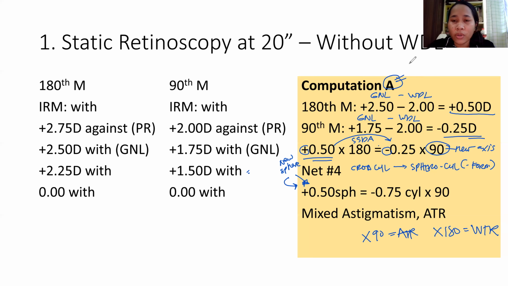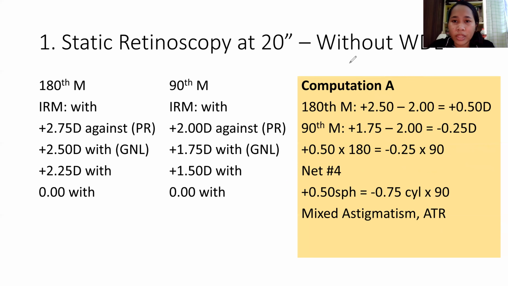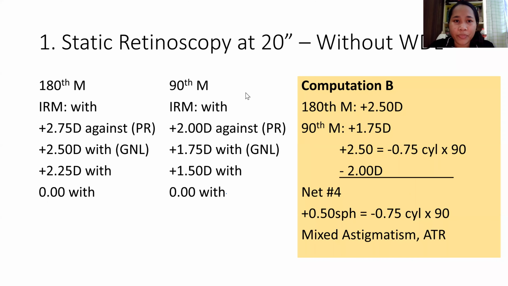So let's go now to computation B. I'll just remove all my drawings and let's go to computation B. Okay. So here, in computation B, what you will do is you get the raw GNL. This is the GNL of the 180th meridian and the GNL of the 90th meridian. You will do the spherocylinder.